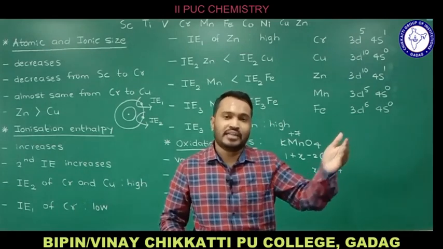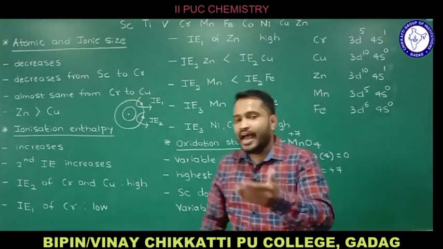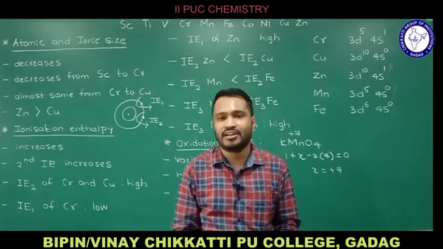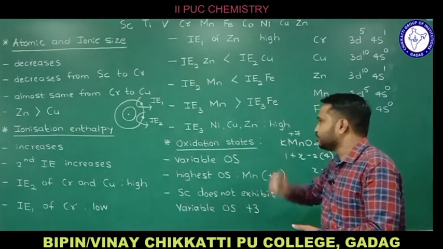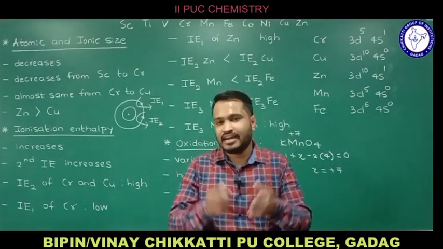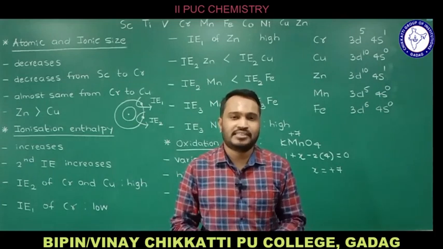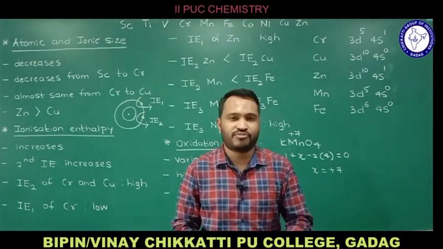Similarly, the other elements, vanadium, chromium, iron, cobalt, nickel, have variable oxidation states, more than one. That is about the oxidation state, and about some physical properties and periodic trends we studied in this session. In the next session, we'll discuss some other physical and chemical properties of transition elements.